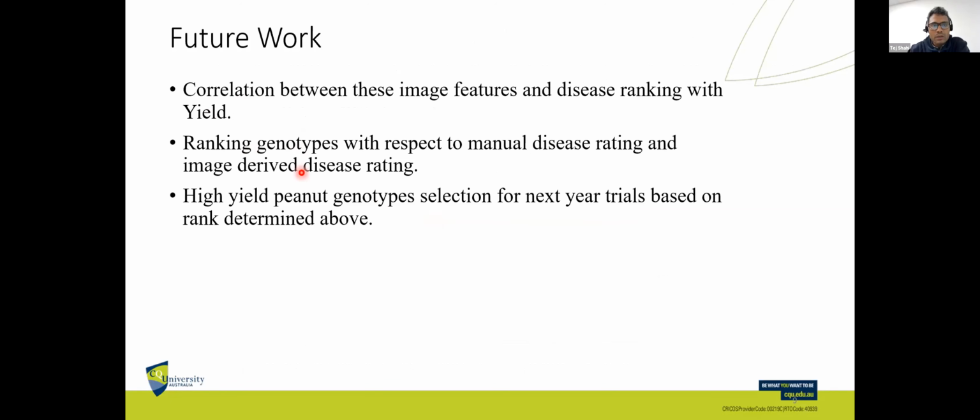Yep. So this is the initial prototype. So we are trying to get into more indices so that we can see which one better separates, and then we are trying to link those disease scores to final peanut yield, because we are finally interested in estimating the peanut yield, how much disease is affecting peanut yield, and which varieties of peanut are most affected by these kinds of disease, and which peanut variety is most resistant to the disease.